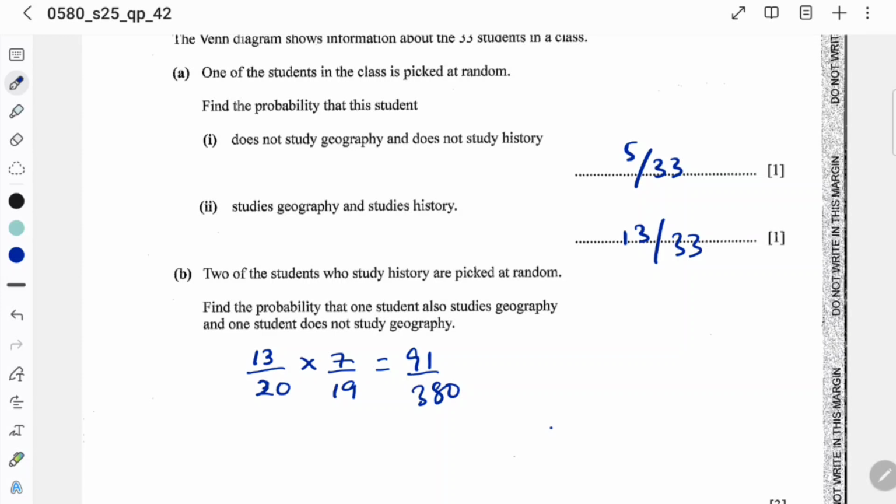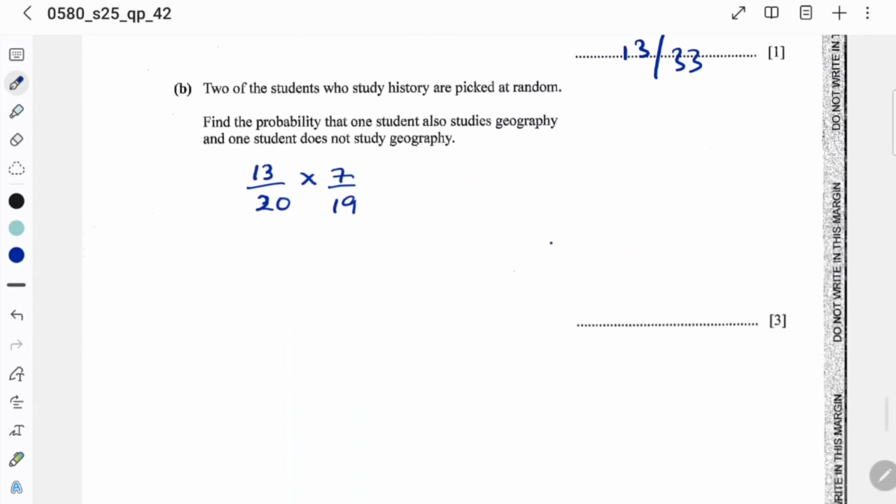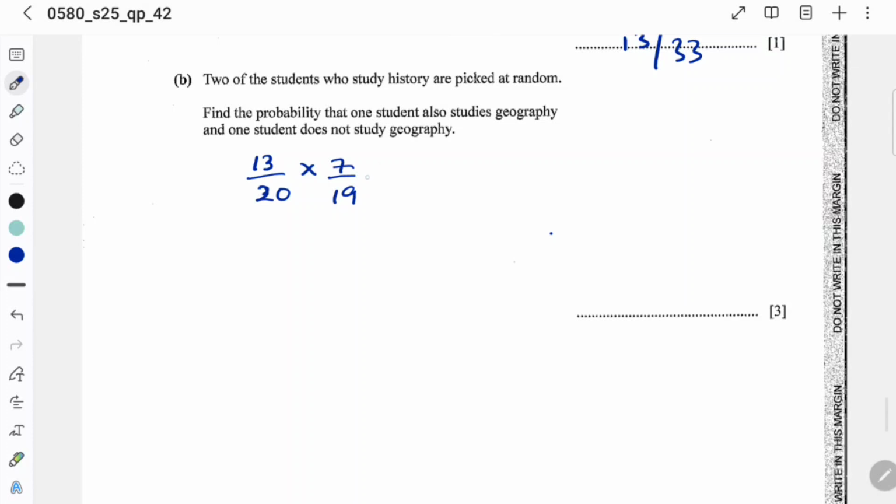Alright, so we have to take the 2 students. There are 13 students in geography and 7 not in geography. So 13 over 20 times 7 over 19. First we take the probability for a student taking geography and then not taking geography, plus not geography and then geography.